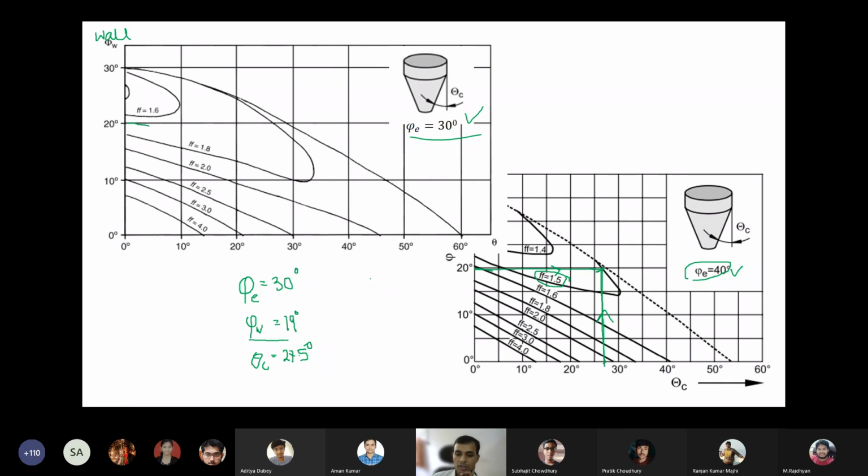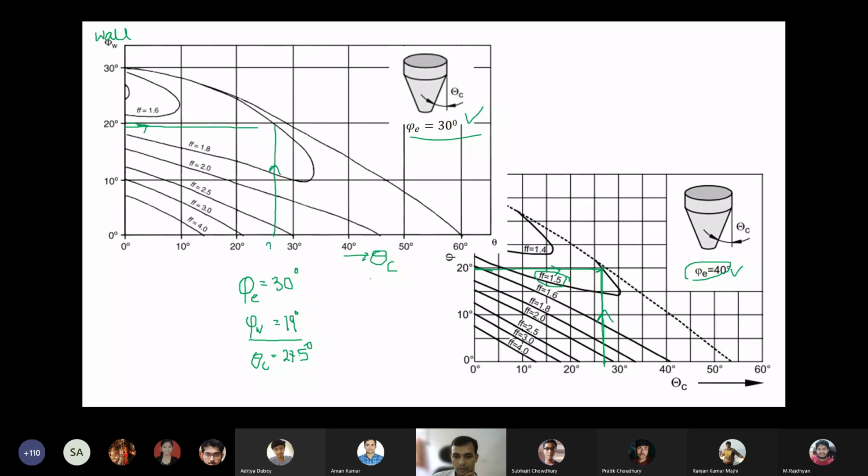The angle of wall friction is 19, so this is the 19. And this is the theta c. Theta c is 27.5, somewhere around here. So this is the 27.5 line.